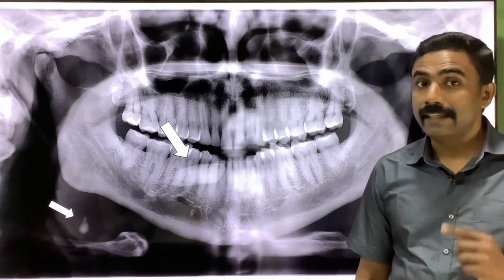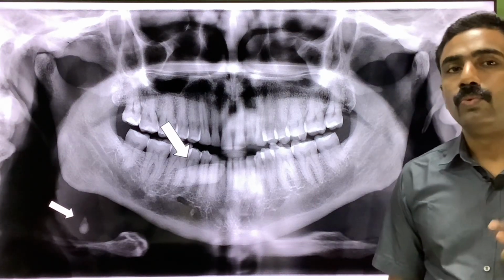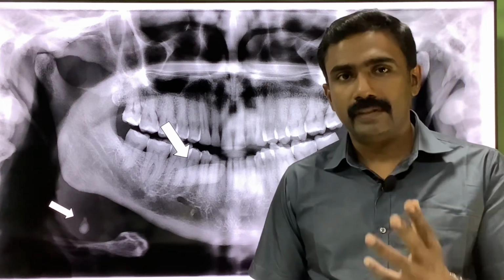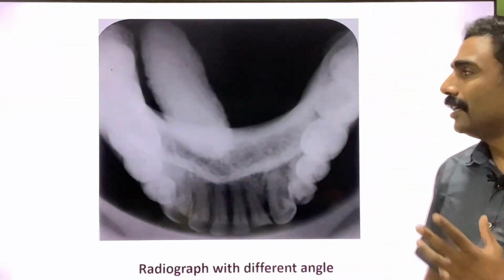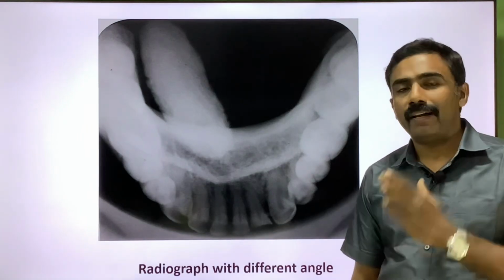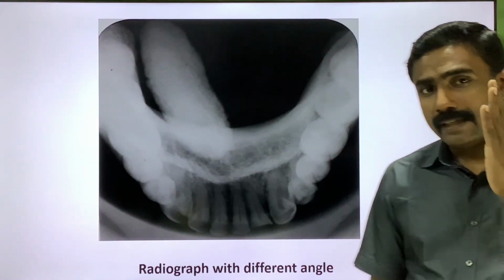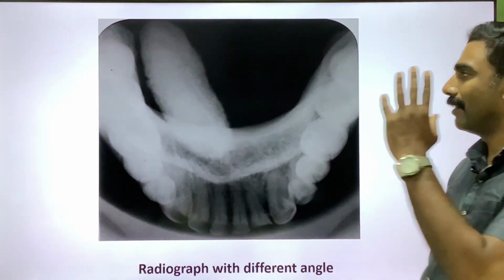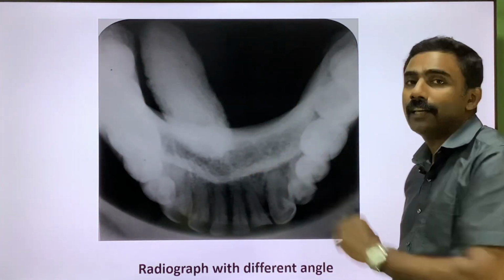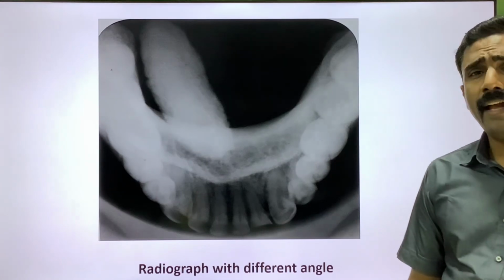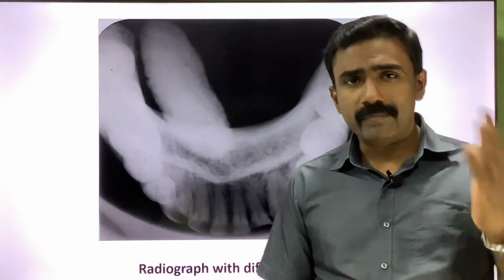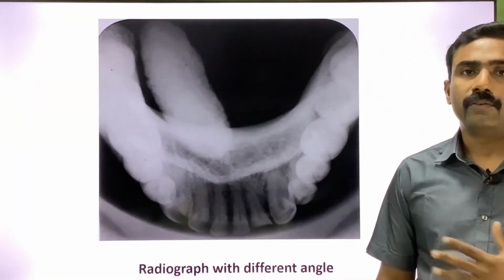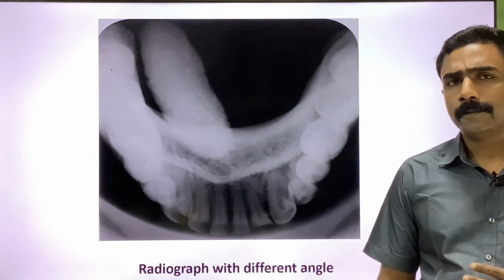The next easiest radiograph to confirm the stone in the duct would be an occlusal radiograph, which is a radiograph taken at right angles to the OPG, and we can confirm the presence of a large silolith here. And of course we can take a cone beam CT or CT to diagnose salivary gland stones.